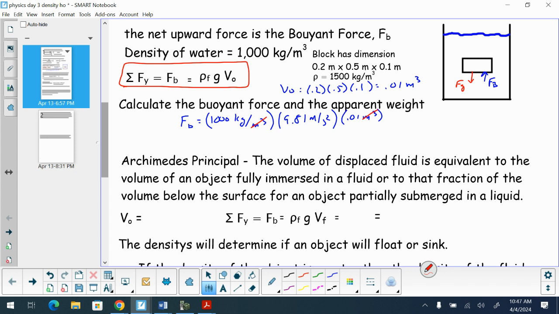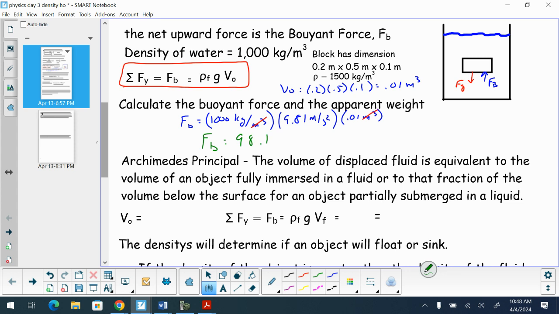So we can multiply these all together to find a buoyant force. And our buoyant force comes up to what, Emberlyn? 98.1.